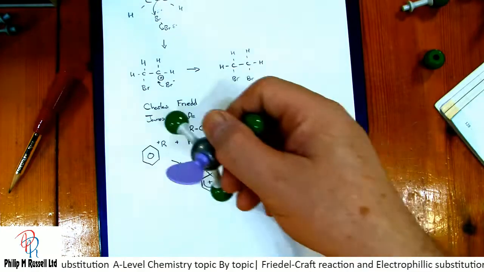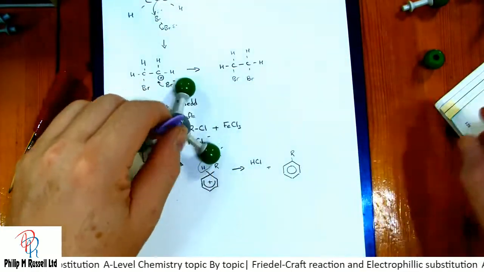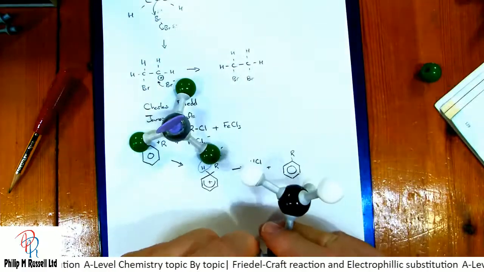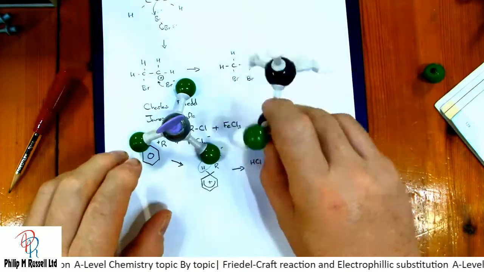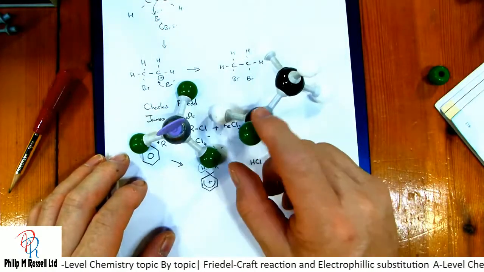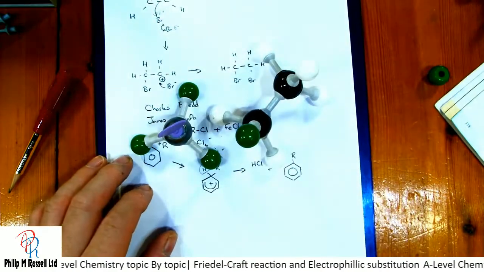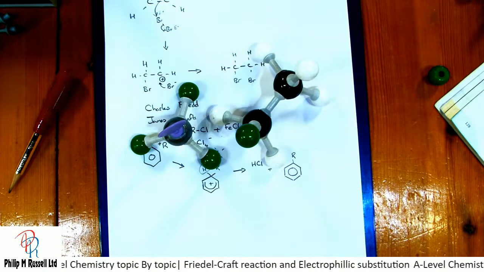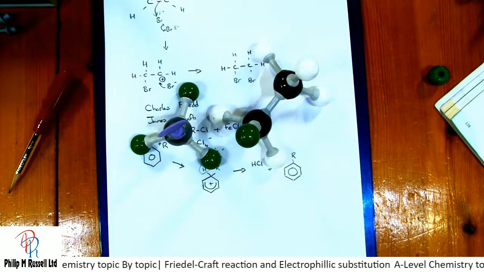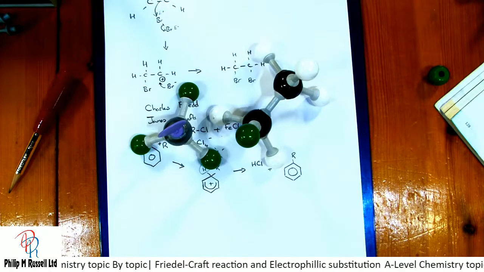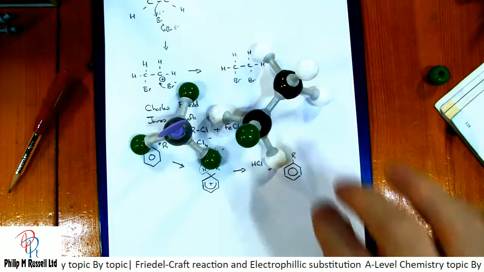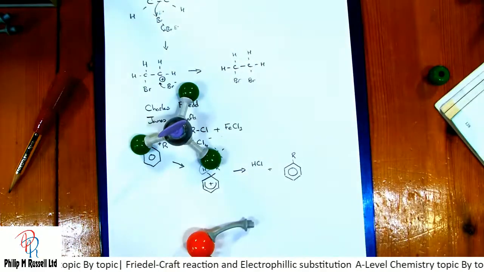In this mechanism, we've got to have our group come in with our FeCl4. If we made this more powerful, we could do something about that. And with a bit of luck, there we go, I can come along with a new chemical.